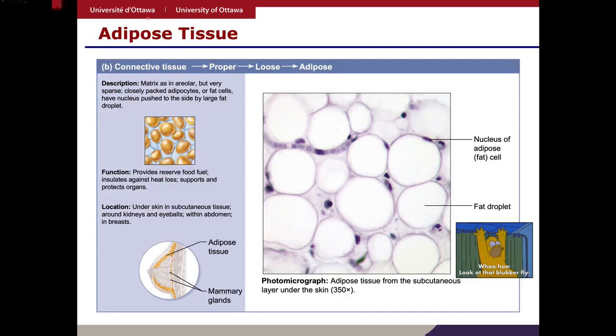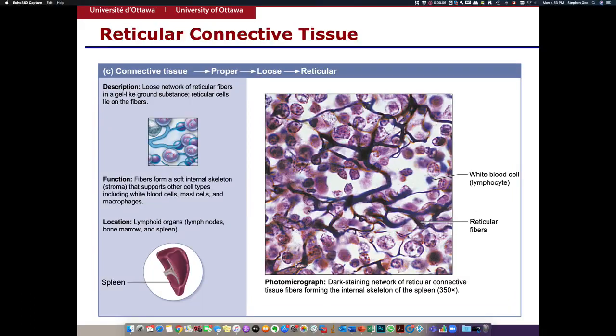It was once thought that all brown fat disappears by adulthood, but it's now known that adults do have some brown fat too.